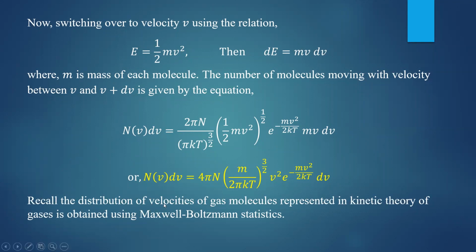So recall the distribution of velocities of gas molecules represented in kinetic theory of gases, which is obtained using Maxwell-Boltzmann statistics only. You have not derived this expression in kinetic theory of gases, but we have directly taken this same expression as the number of particles which are moving with velocity between v and v plus dv.